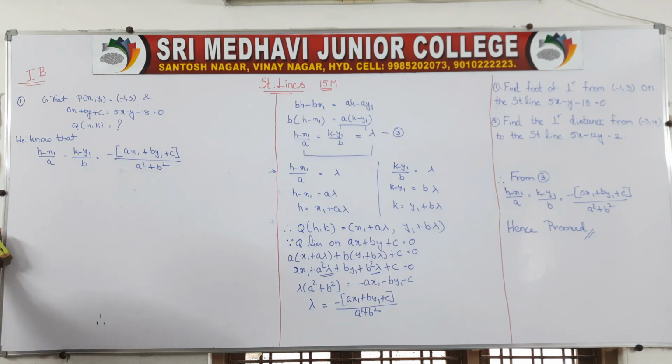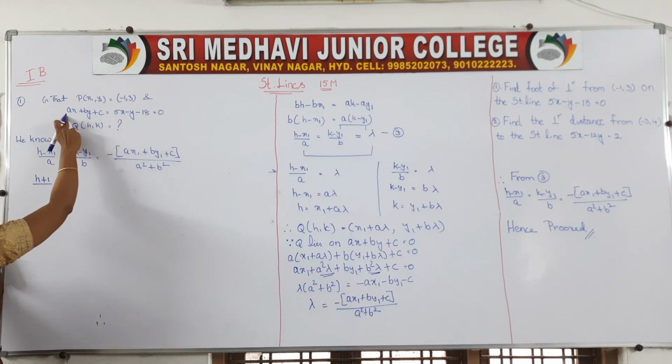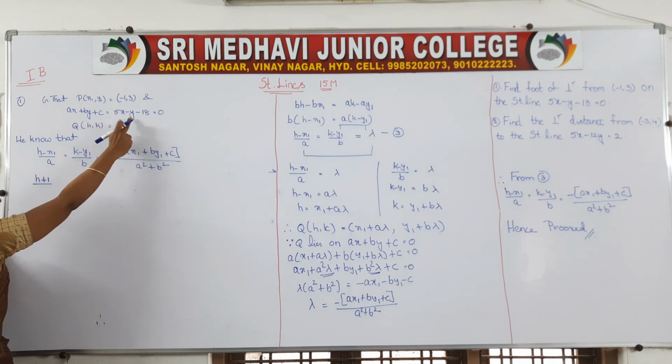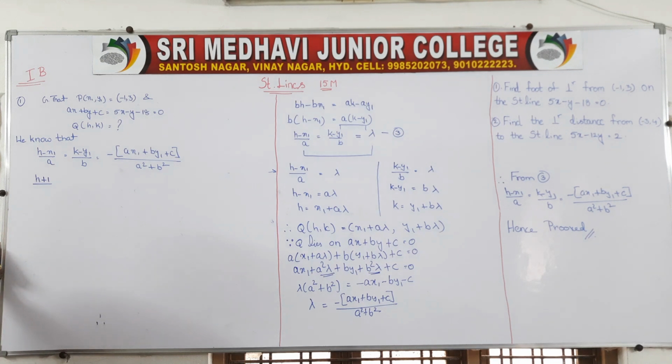Now that we proved that theorem, we can use that concept. So come on, it is h minus x1, given as minus 1, minus of minus is plus 1. Compare this with ax plus by plus c. In a place 5 is there, in b place minus 1 is there, in c place minus 18. So by a is 5, is equal to k minus y1.